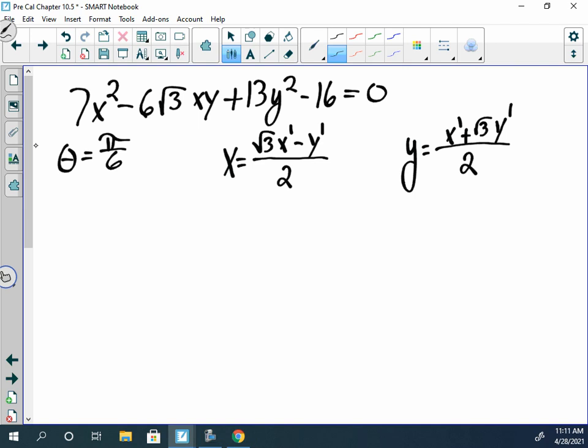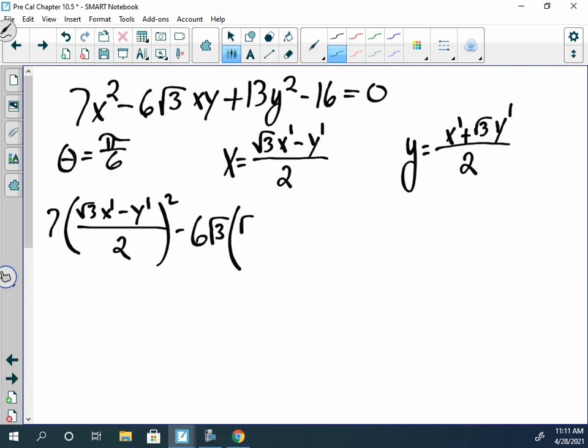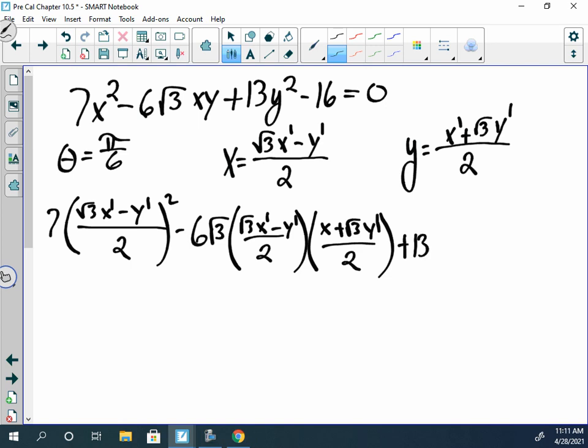Don't look too excited. Because what we're going to have is 7 times square root of 3 x prime minus y prime over 2 squared, minus 6 square root of 3 times square root of 3 x prime minus y prime over 2 times x prime plus square root of 3 y prime over 2, plus 13 times x prime plus square root 3 y prime over 2 squared, equals 16.